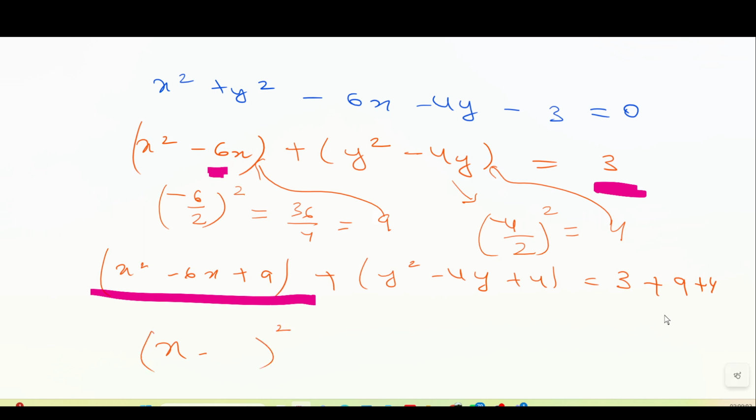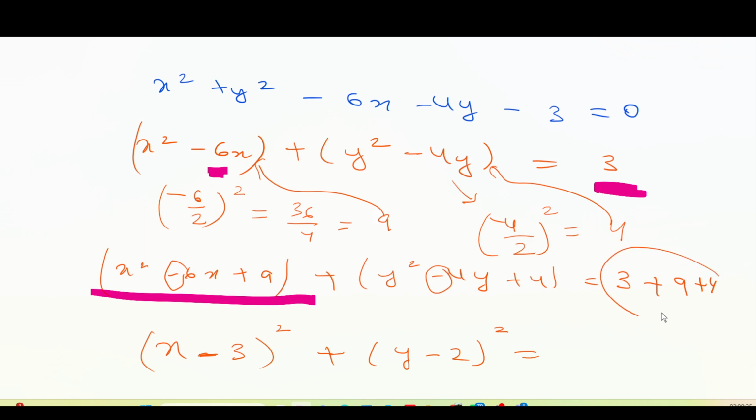X minus 3. Yes, good. And this will be y minus 2. Why am I putting minus? Because this number is minus. If here we have a positive sign, we'll write positive here, right?